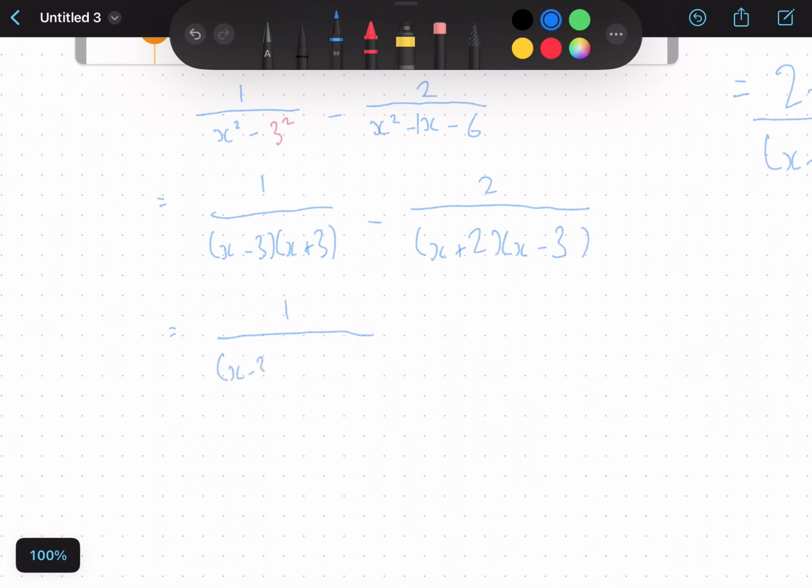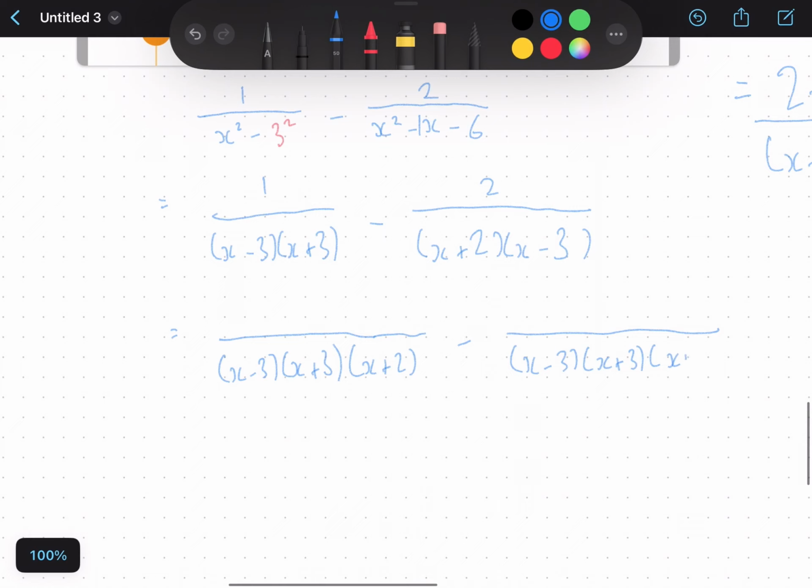Sorry, I shouldn't have the 1 in there. I'm going to have to multiply that by something. I'll just put the common denominator in first and then sort out the top. So common denominator is x minus 3 by x plus 3 by x plus 2. Okay, and the reason that works as a common denominator is this divides into it, this divides into it as well.